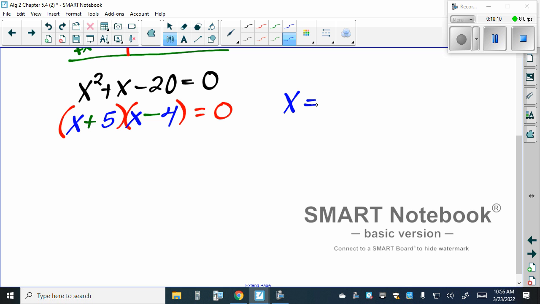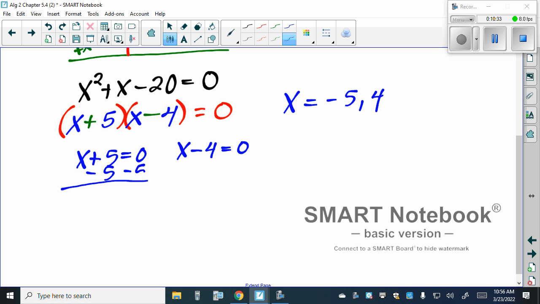I have a feeling you all have already got what the solutions are. -5 and 4. We're using the opposite operations. Or if we step this out, it'd be x plus 5 is equal to 0, or x minus 4 is equal to 0 because of our zero product property. We need two things multiplied together to equal 0. One of them has to be 0.